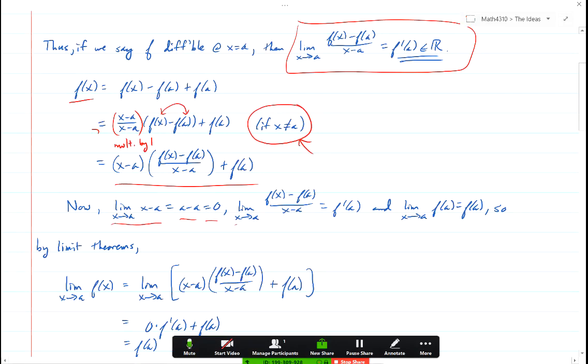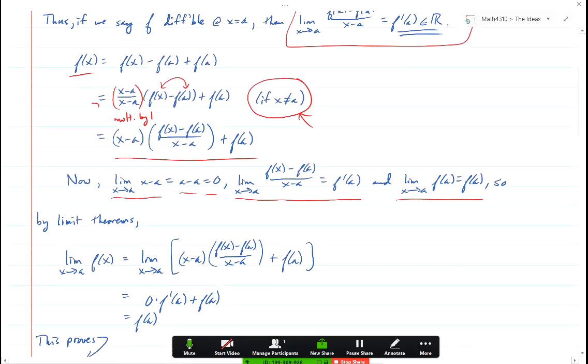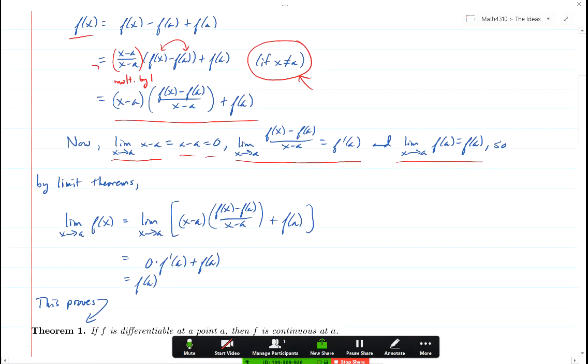Then the limit as x goes to a of f of x minus f of a over x minus a, well, that's what we call the derivative. That's f prime of a. And the limit as x goes to a of f of a is just f of a because it's a constant. A is fixed. So by standard limit theorems, which are just like our sequence theorems, if all these limits exist, then sums and products of limits also exist as the sums and products of the limits.